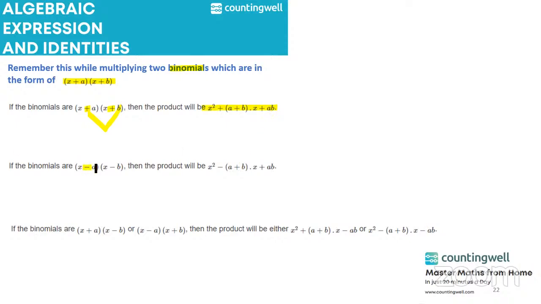When you have minus sign for both the brackets, then simply you have to take minus sign in the same result. Or if you have one positive, one negative, or one negative, one positive, then the product will be either of these. So here we have minus sign, or we have minus on both places of the expression.